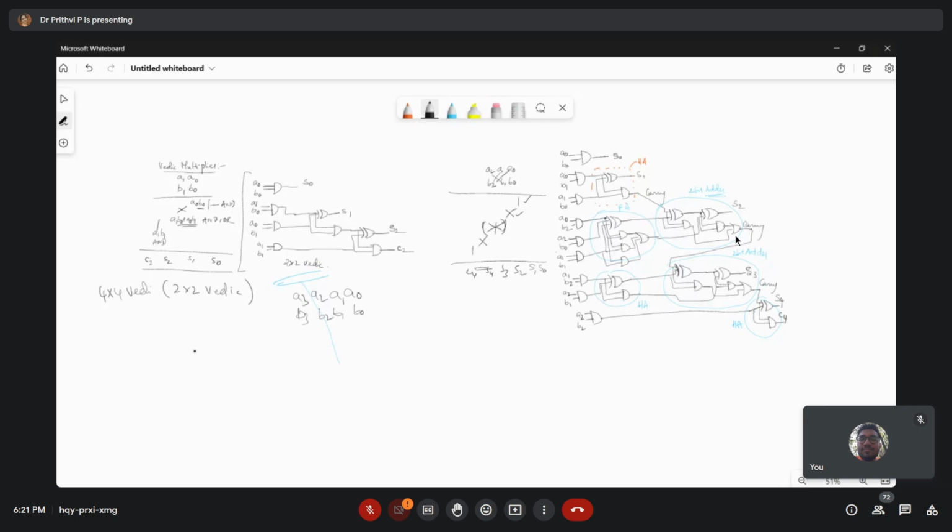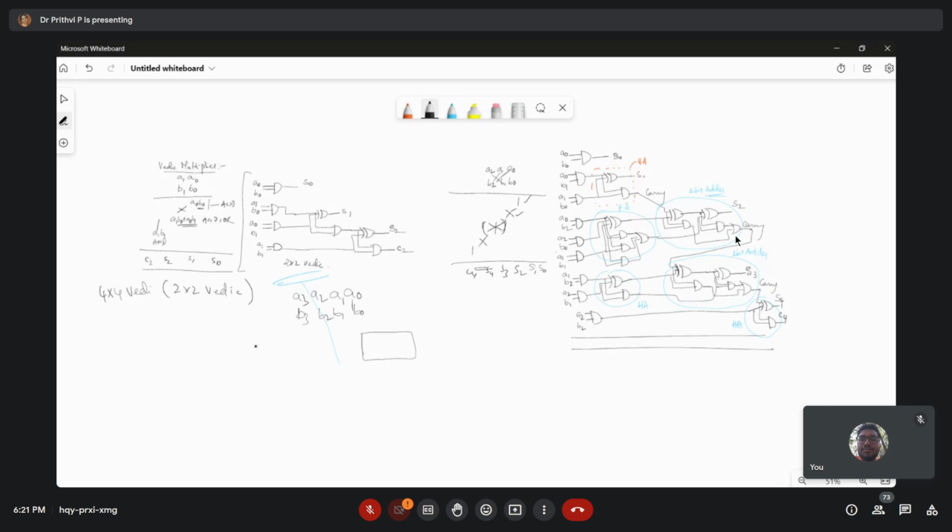How many terms do we need to get? 1, 1, 2, 3, and you'll be going for 4, 5, 6, and 7. So that becomes very huge. If you go on doing this type of circuitry, it becomes very uncontrollable. We may not be able to understand what is happening there.